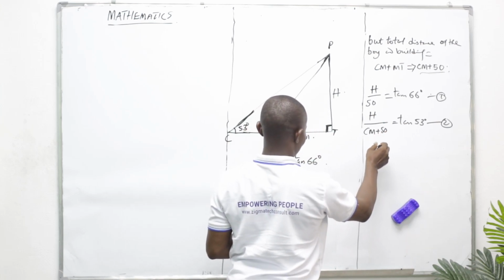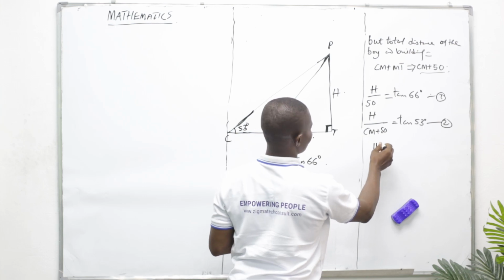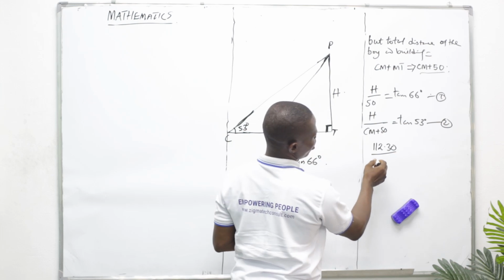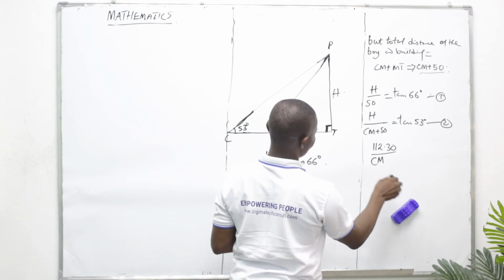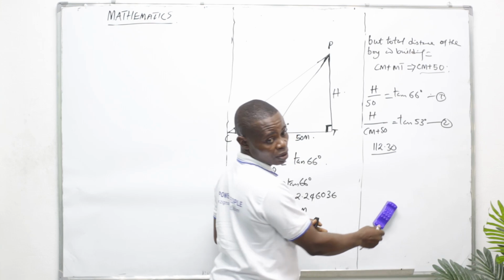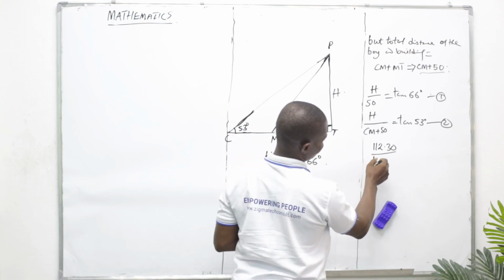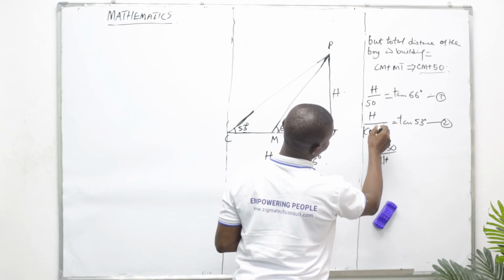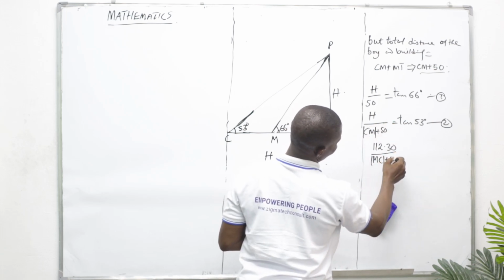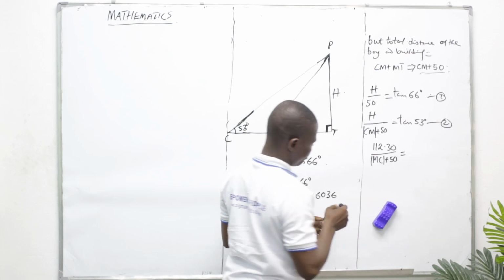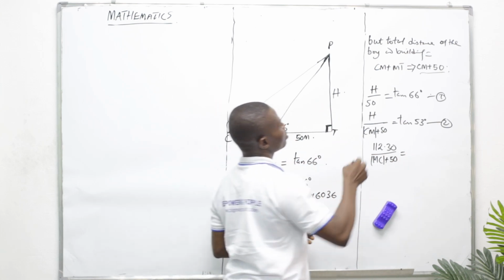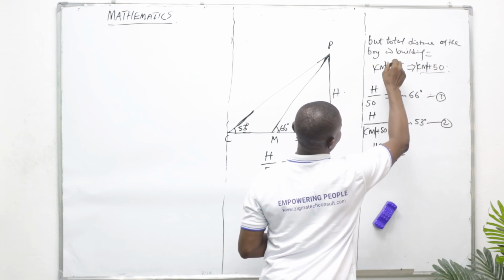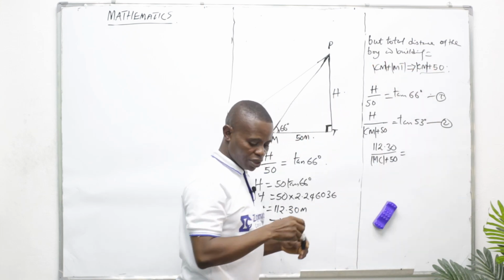We're going to say 112.30, which is the height of the building, over MC, the length of MC, plus 50 equals tan 53.